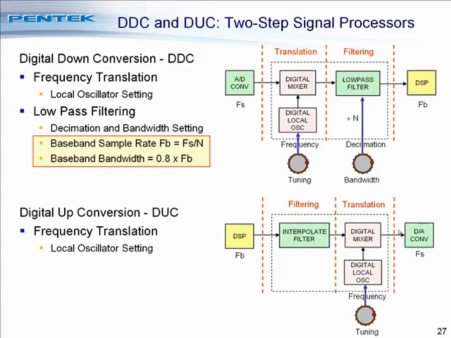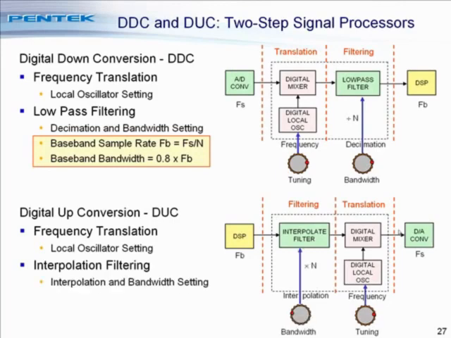And in order to feed the mixer with the correct sample rate signal, the interpolation filter controls the input bandwidth and the interpolation factor so that the sample rate of the input baseband signal is increased to match the requirements for the digital mixer.